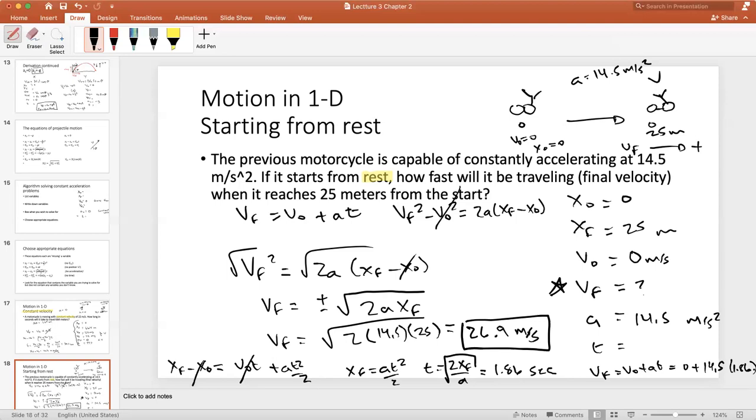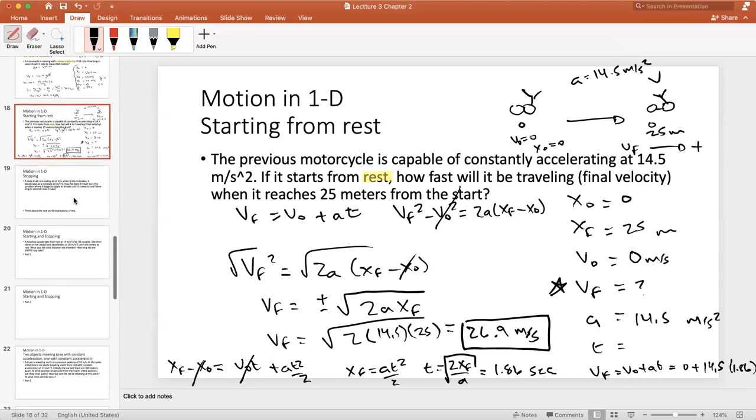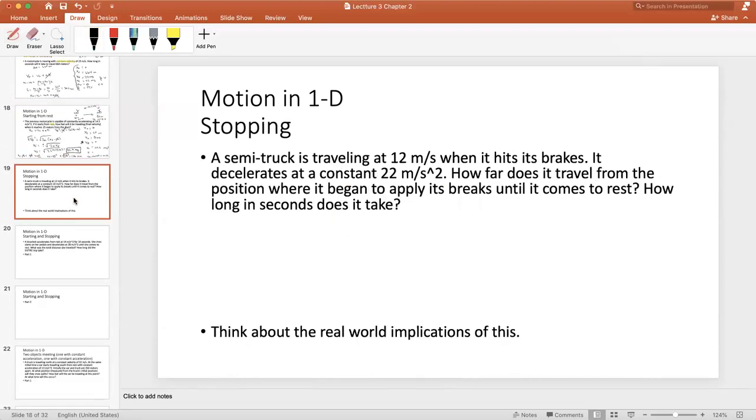It's faster to use V final squared minus V initial squared is equal to 2A times X final minus X initial. But I wouldn't be upset if you solved it the longer way. Sometimes it's intuition, sometimes it's habit that you have equations that you like. And it's okay. However you want to solve it, if you get there, you get there. Sometimes it's easier to get time.